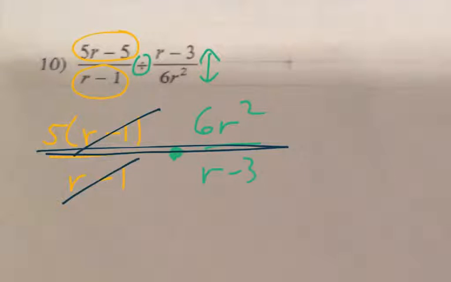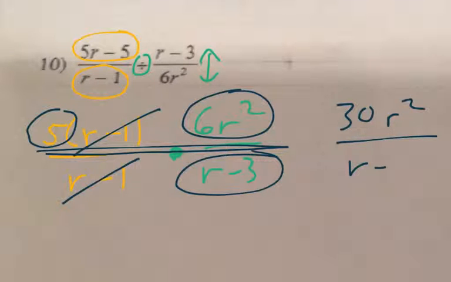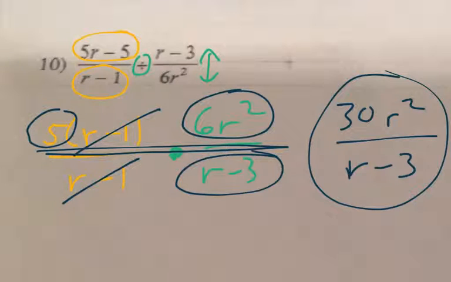And that's it. So I'm just going to take 5 times 6r squared, that's 30r squared, and divide that by r minus 3. And that, again, is the answer. Pause the video one last time.